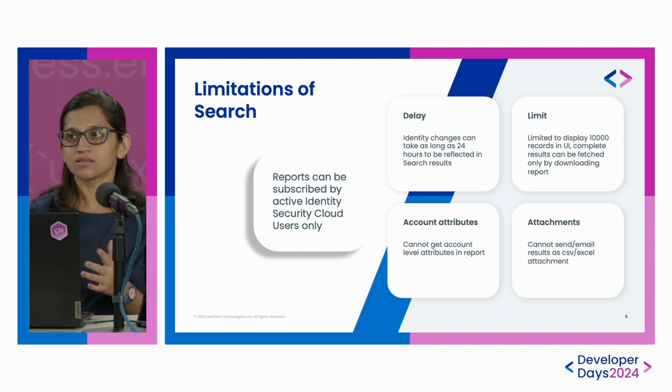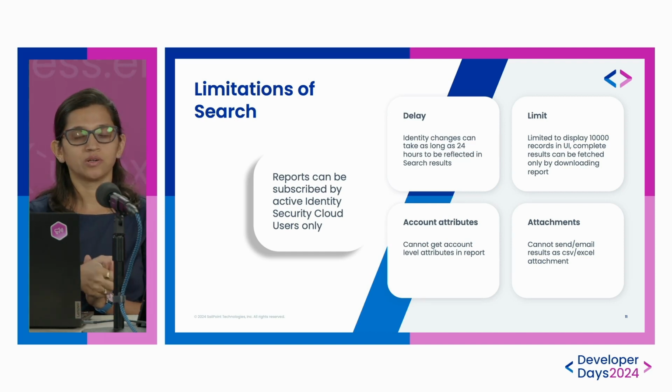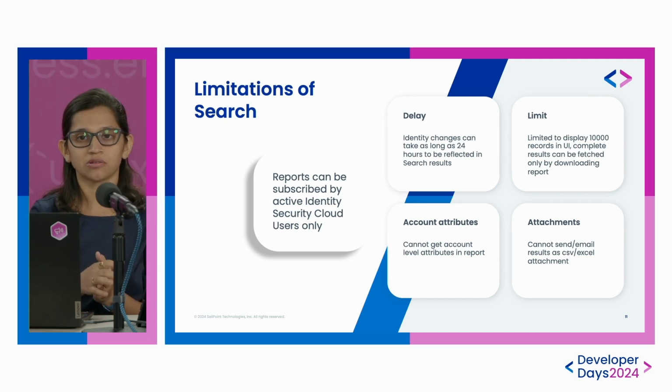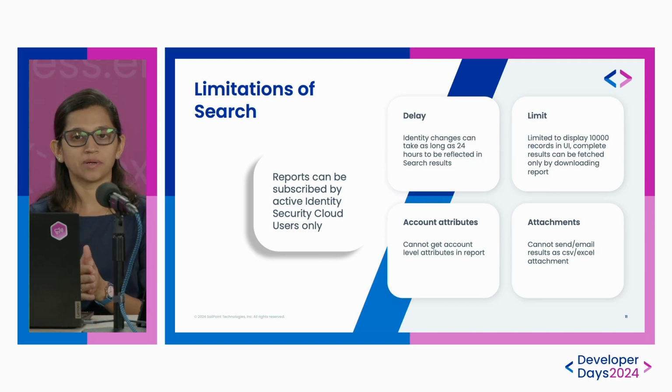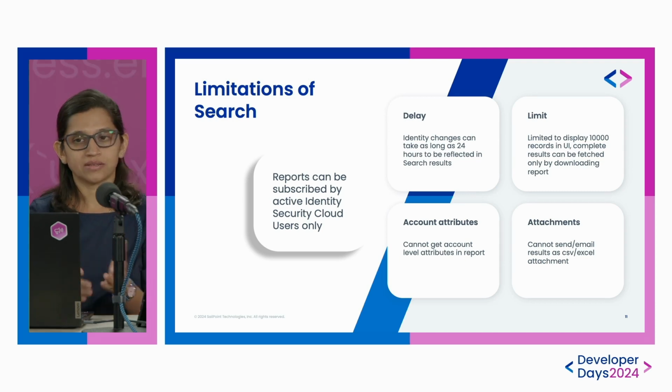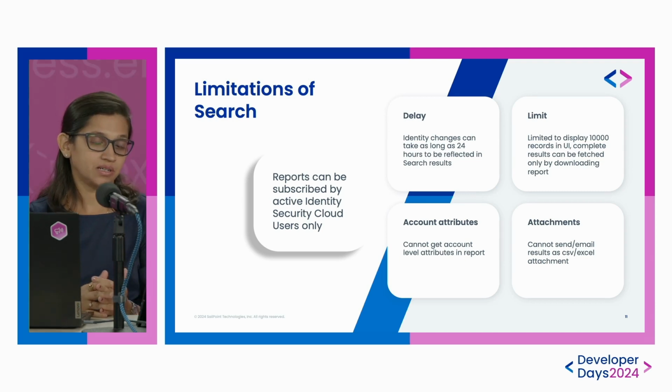In that case, what we do is define an identity for that mailbox, and then save and subscribe to that query from that particular user ID, so that we are able to send that report to that mailbox. That's a workaround we have today, but we would definitely like to see improvements where we are able to send these reports out to mailboxes directly.